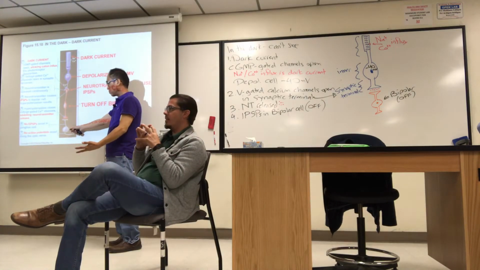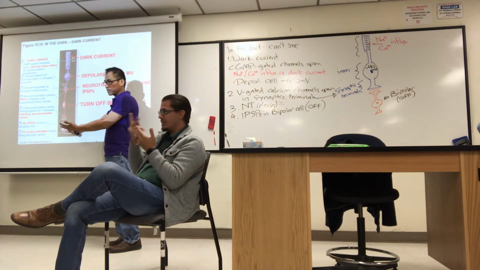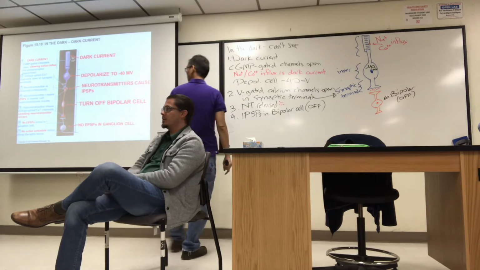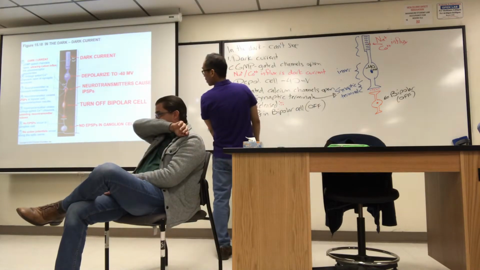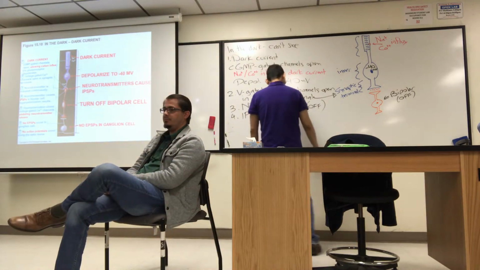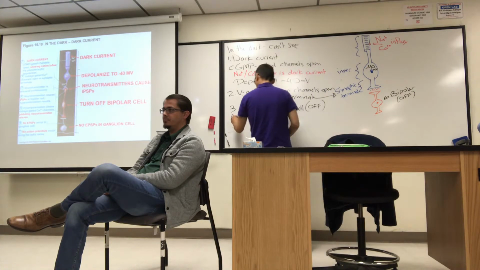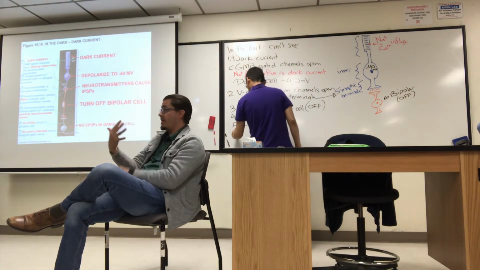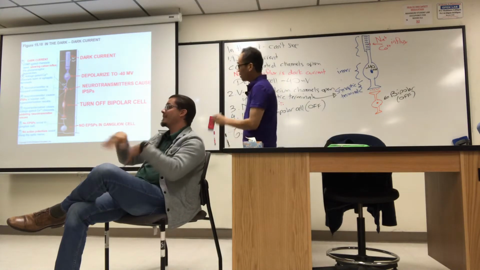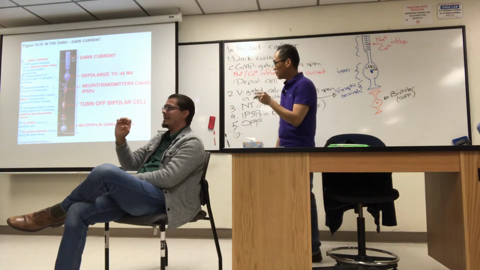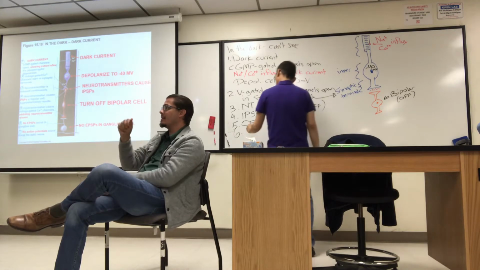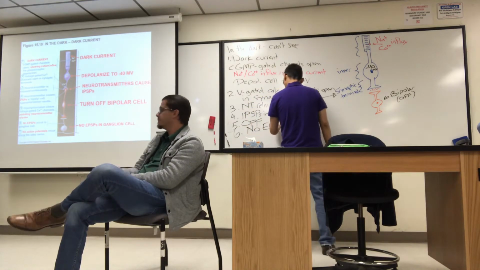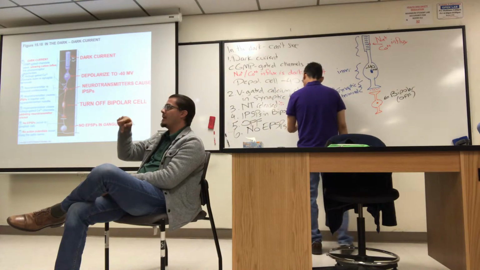So therefore, you're not seeing whatever's in the room because it's dark. That cell's not on. For step 5, basically they're just saying the bipolar cell is off. For step 6, they're saying there's no EPSPs in the ganglion cell.